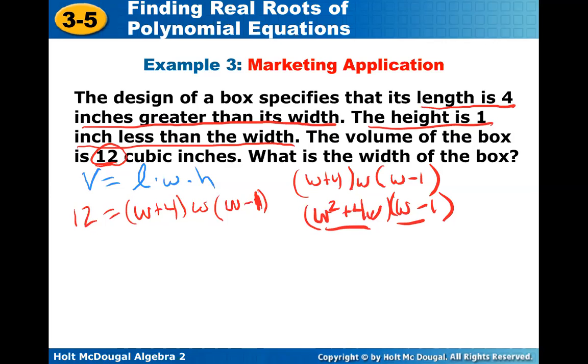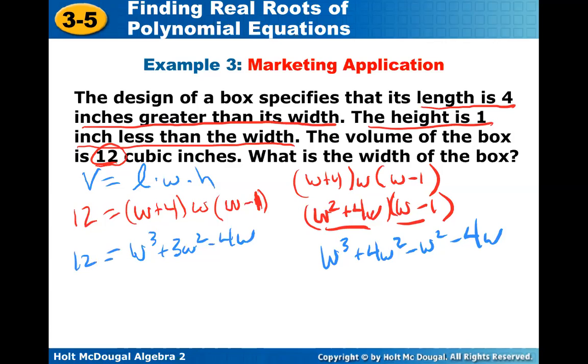Well, it's going to be W cubed. So basically, when all's said and done, we have W cubed plus 3W squared minus 4W equals 12. These two we can combine and get 3.